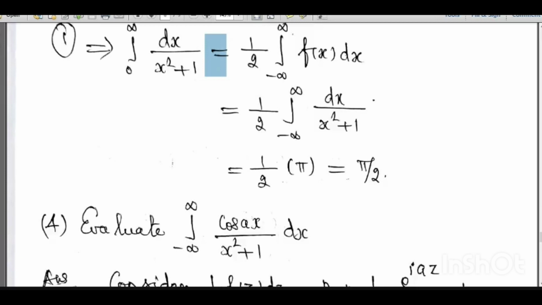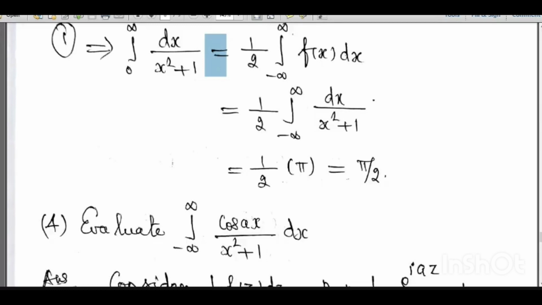The other thing is the integral from 0 to 2 pi of f of theta d theta. Sometimes you may be asked to find the value of the integral from 0 to pi of f of theta d theta. How to find it? We know that the integral from 0 to pi of f of theta d theta is equal to 1 by 2 times the integral from 0 to 2 pi of f of theta d theta.